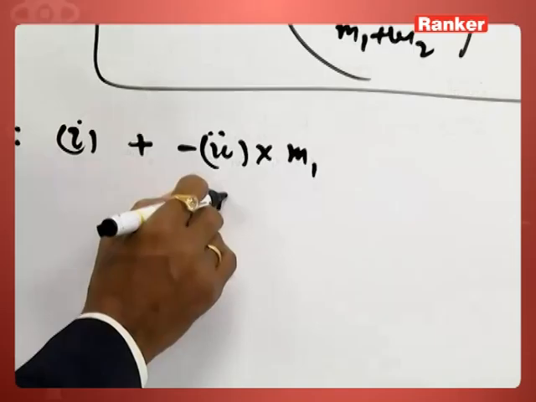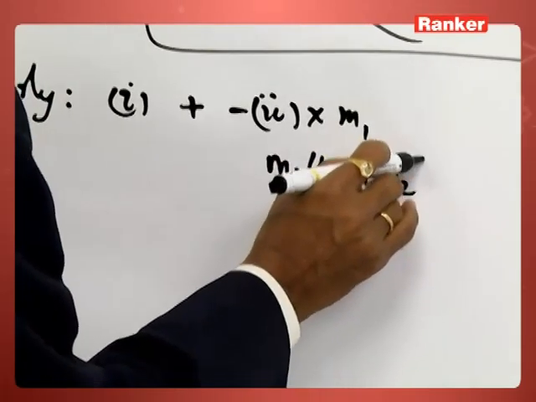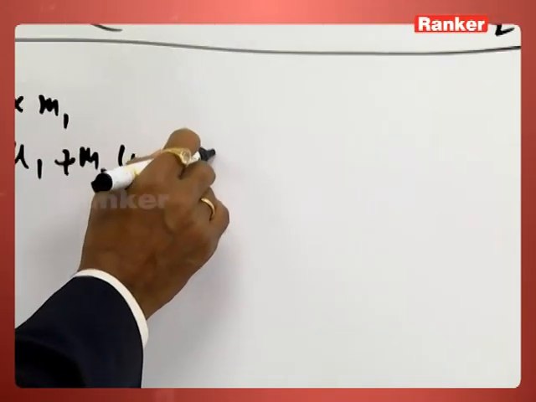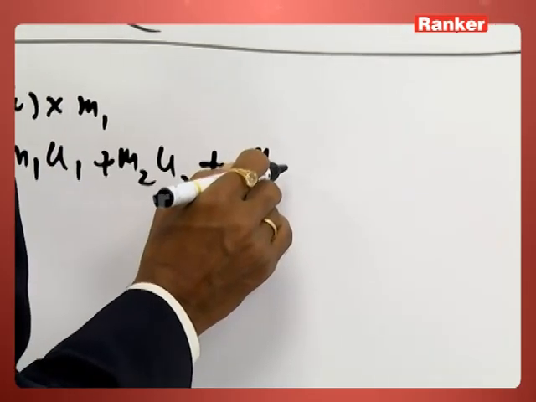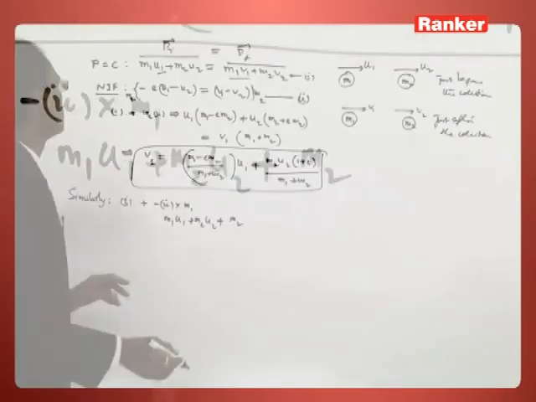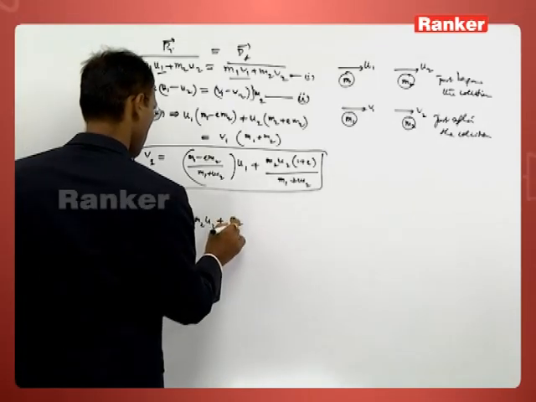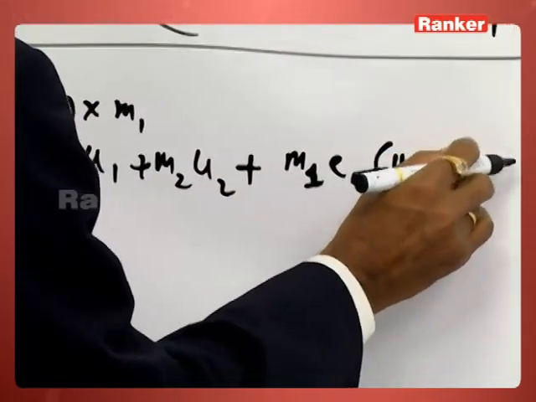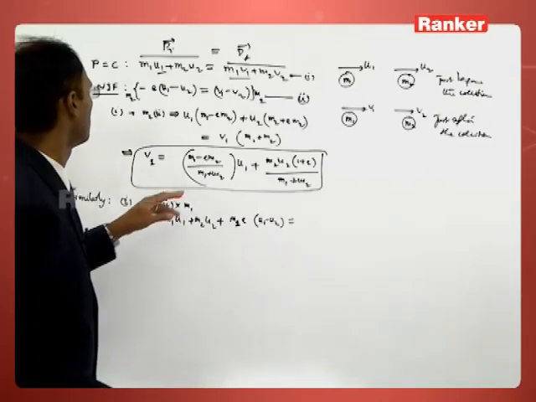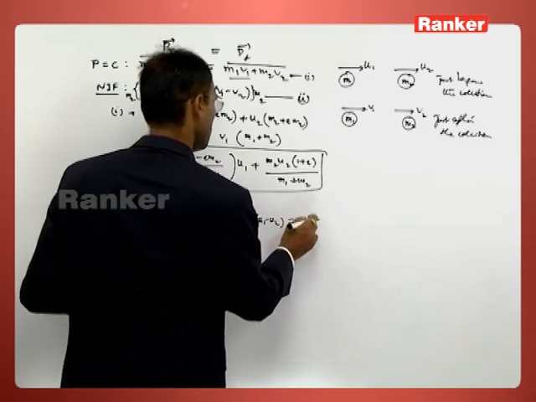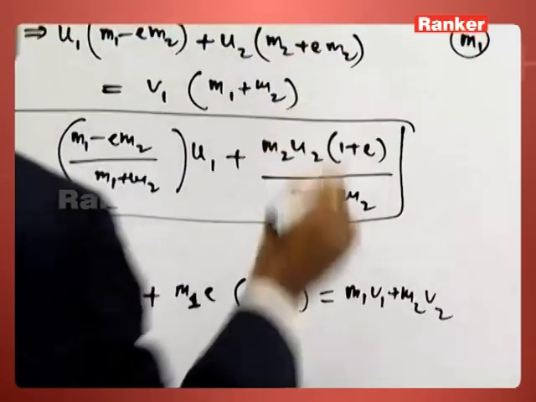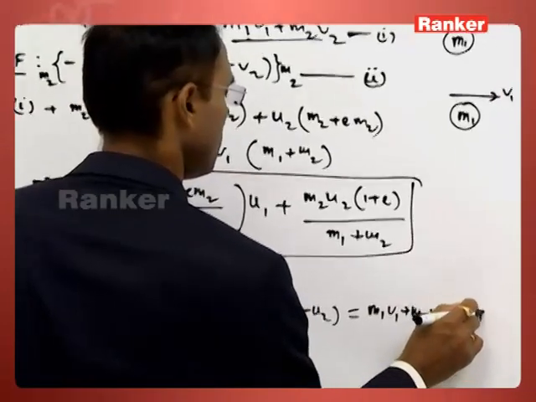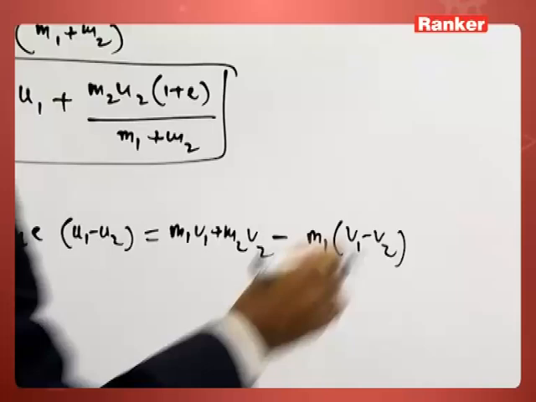We are getting m1 u1 plus m2 u2 plus m1 into e into u1 minus u2 is equal to m1 v1 plus m2 v2 minus m1 into v1 minus v2.